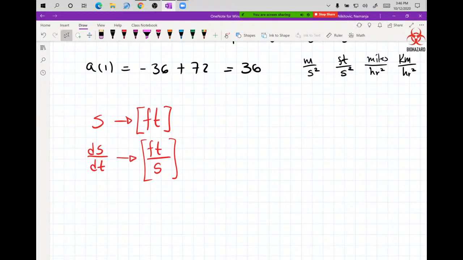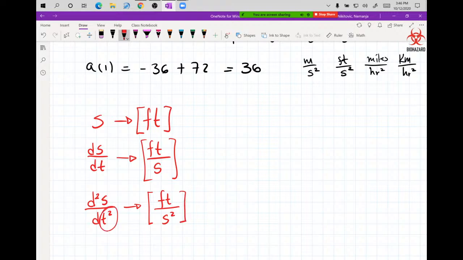Now, when you take one more derivative, that's going to be the second derivative. And here, as you see, the top still has feet because it's a single S. But the denominator has seconds squared because it's T squared, and the measurement for time is seconds. So the units are position, velocity, acceleration, and the units are feet per second squared.